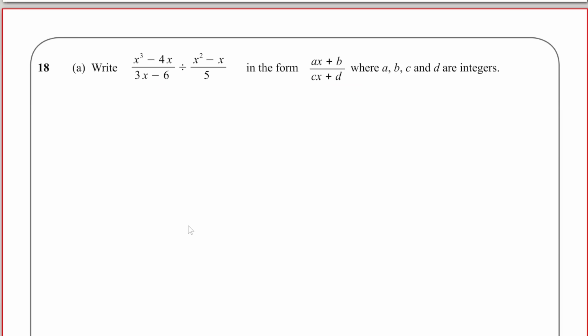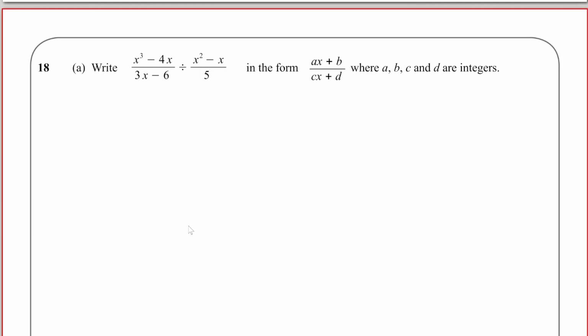Question 18. Write (x cubed minus 4x) over (3x minus 6) divided by (x squared minus x) over 5 in the form (ax plus b) over (cx plus d), where a, b, c, and d are integers.